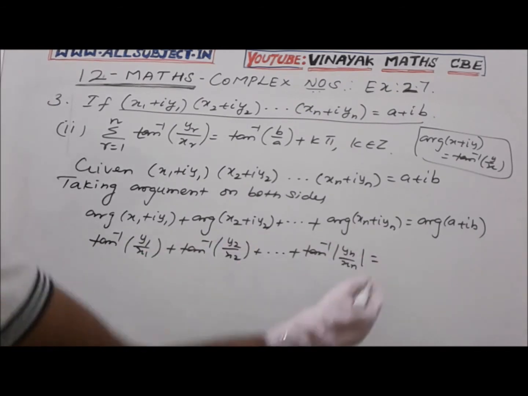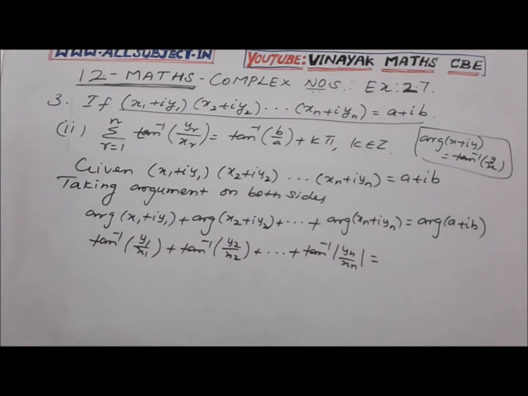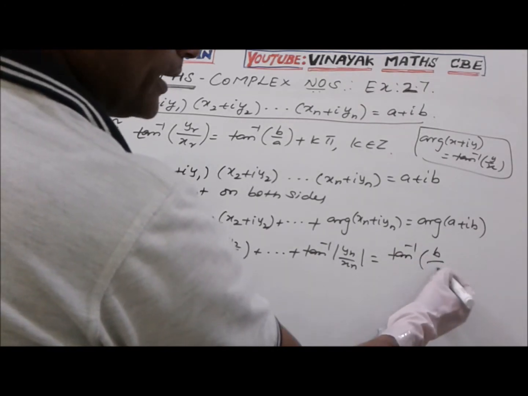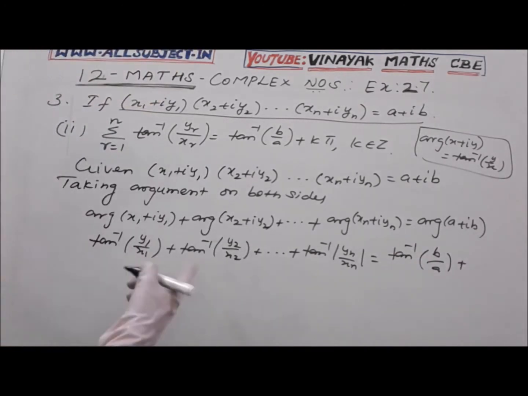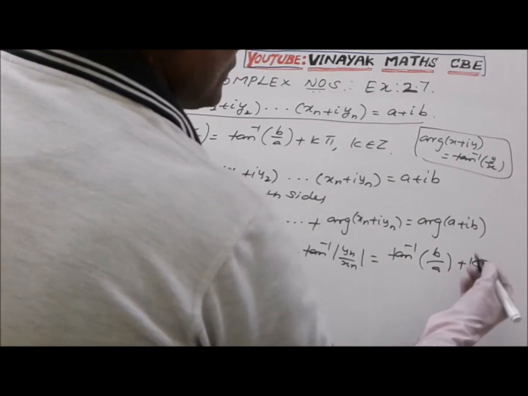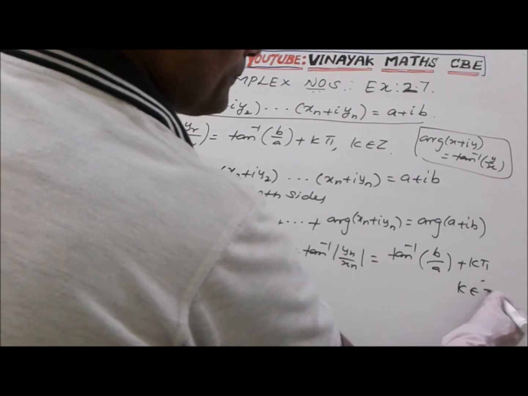Now adding all these complex numbers, it will vary by a multiple of 2 pi. Now this is tan inverse of b by a plus, writing the general value, plus k pi, where k belongs to Z.